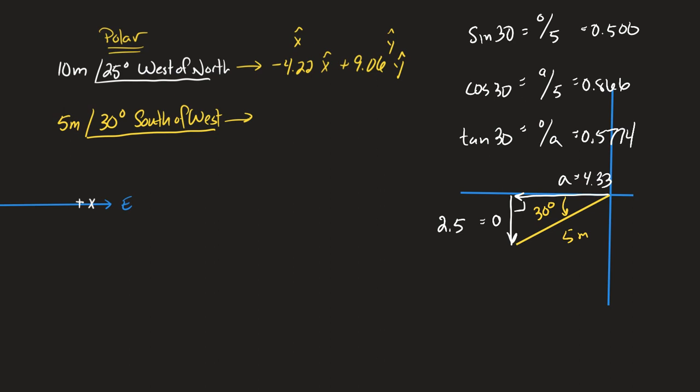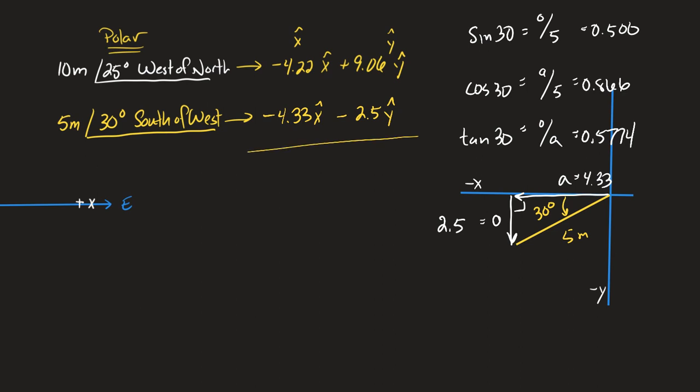Now that I have found my two sides, I realize the 4.33 is in the negative x direction, and the 2.5 is in the negative y direction. So in this chart that I've made, I'll have minus 4.33 x hat minus 2.5 y hat. Now, here's the thing.